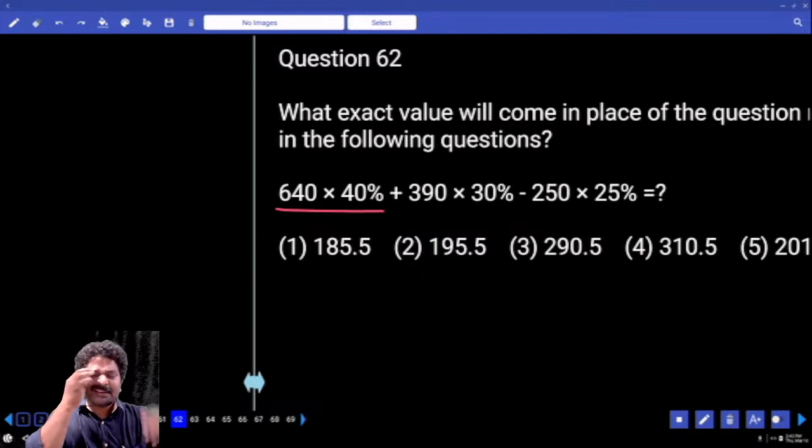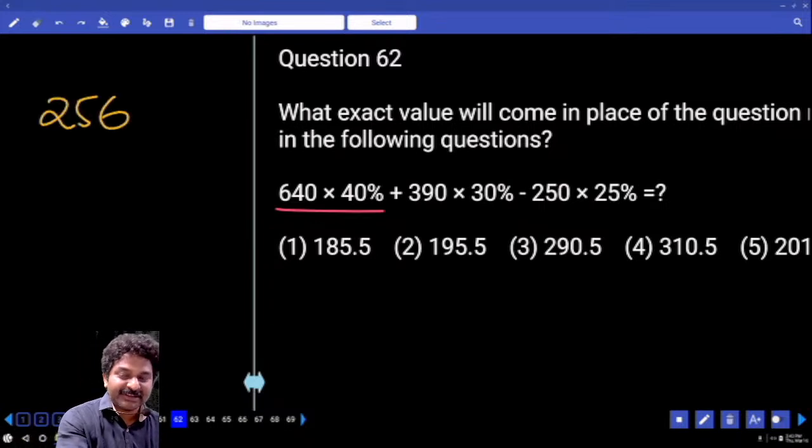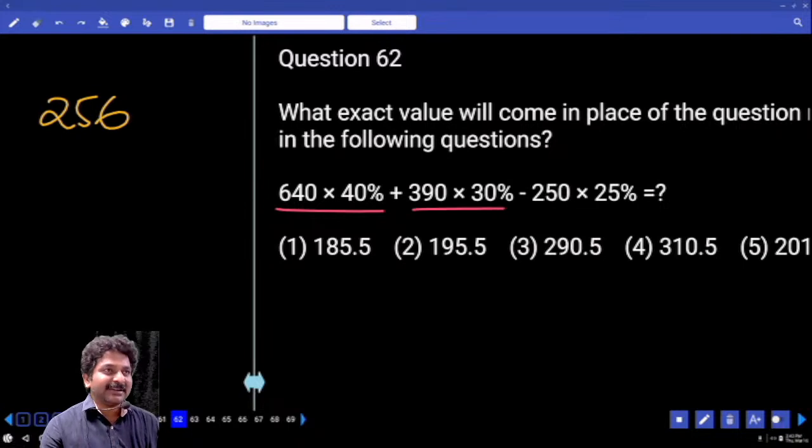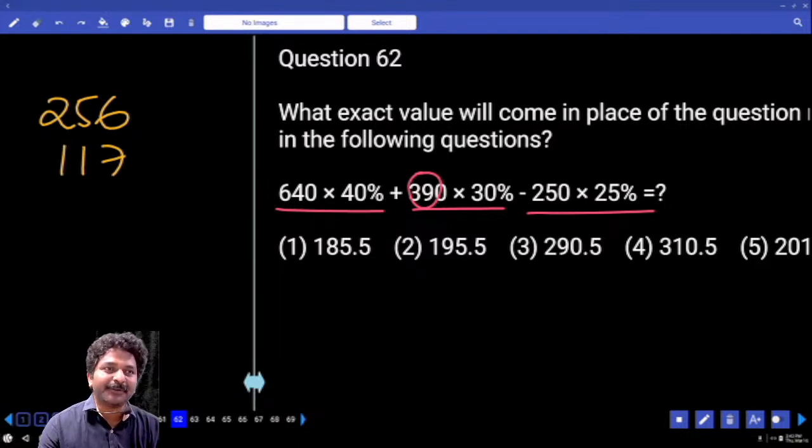40%. Easy to calculate. 10% double. 10%, 64, double, 128, double, 256 plus 30%. 10% 3 times only. 10%, 39. Can I treat it as 1 less than 40? 3 times in the sense 3 less than 120, which is 117, minus 25%, which is 1/4 only.